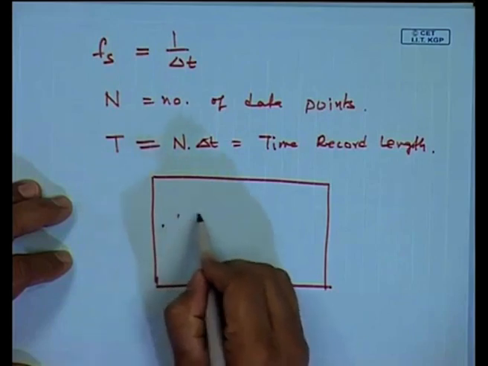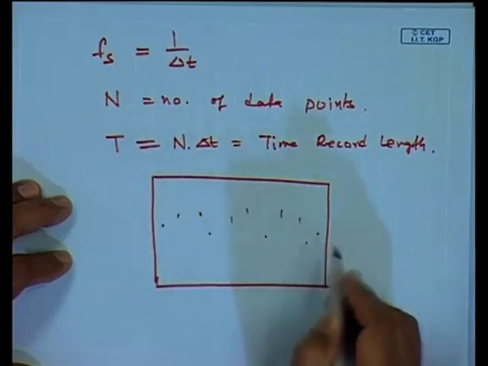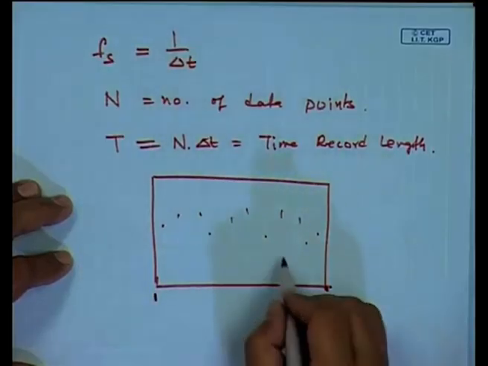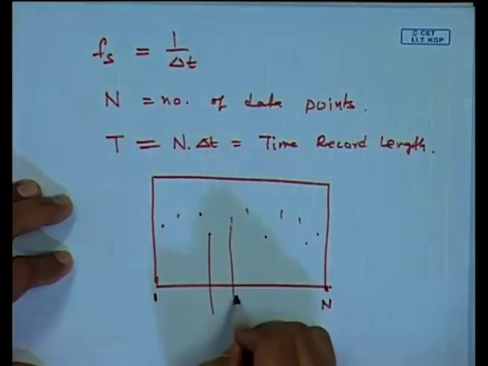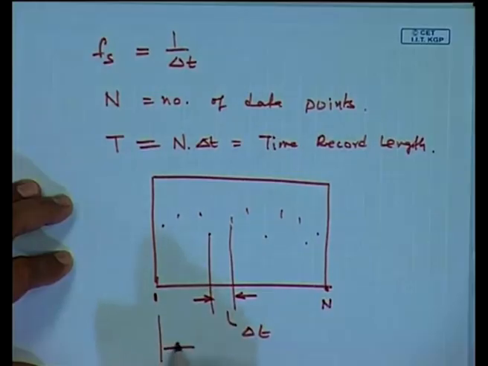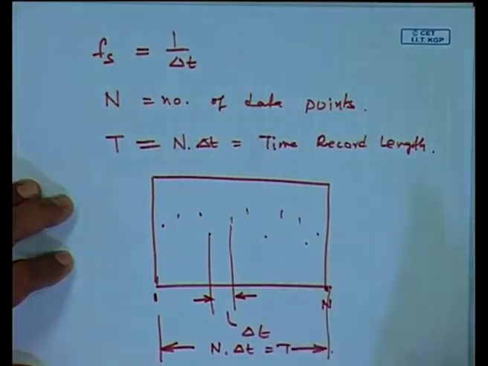So, this is my block of sample data. I can start with 1 and n, and the distance between points is delta t. Total time here is n times delta t is equal to T. This is in the time domain.